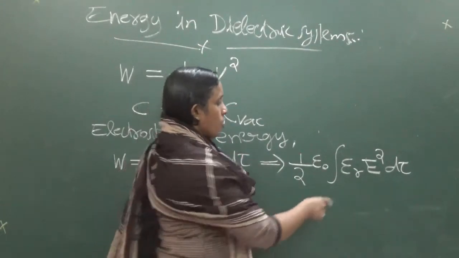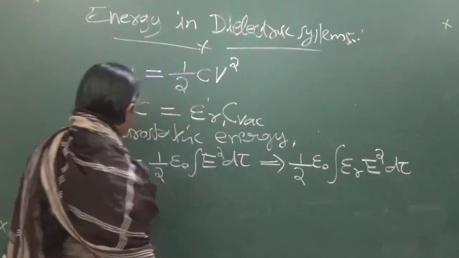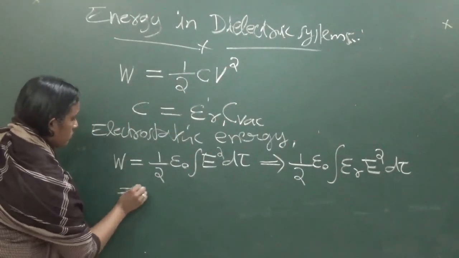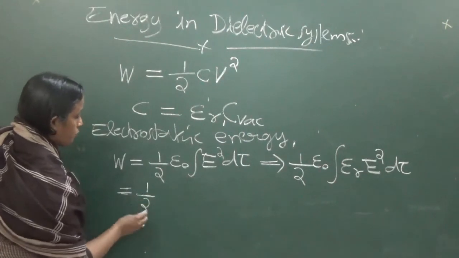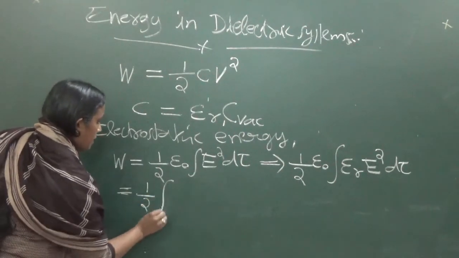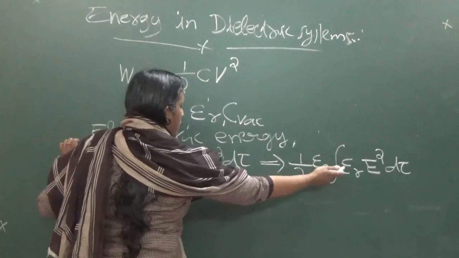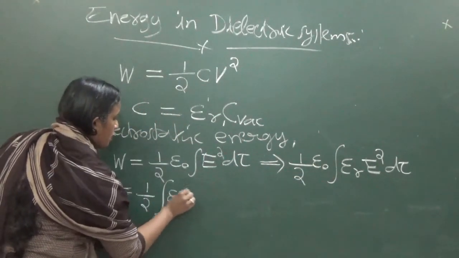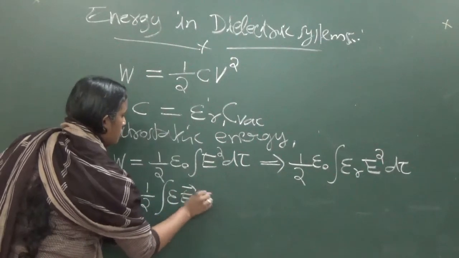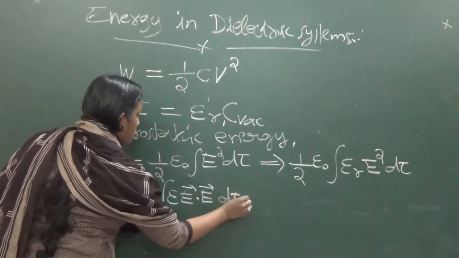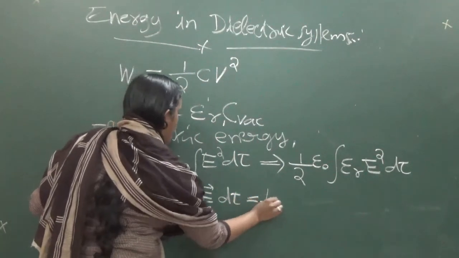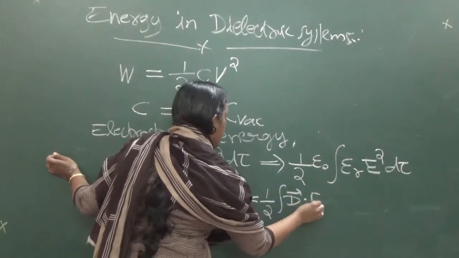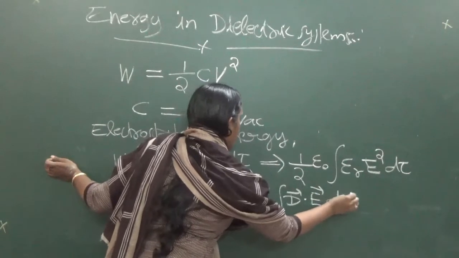Now we can rewrite this equation. This is equal to half integral epsilon r epsilon 0, which gives epsilon E dot E d tau, or half integral D dot E d tau.